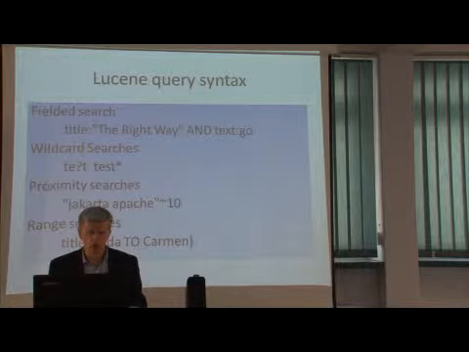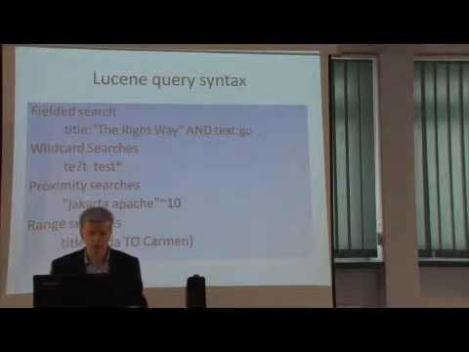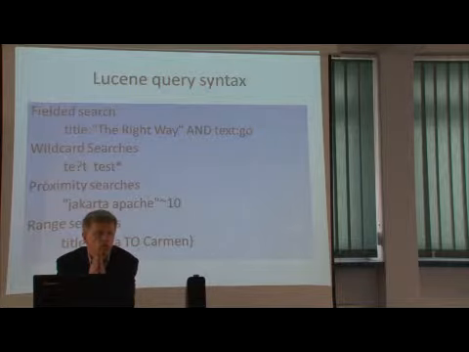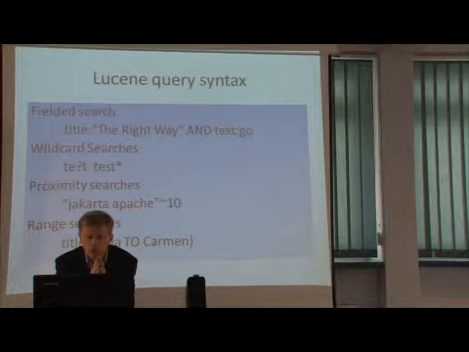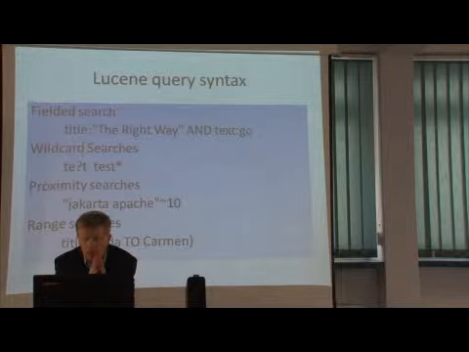Lucene also allows you to do wildcard searches, so TE followed by any character, or TEST followed by any number of characters. Now notice that Google doesn't allow wildcard searches because these are very expensive. There are just too many possibilities. So having a wildcard search is more practical with a smaller collection of data.